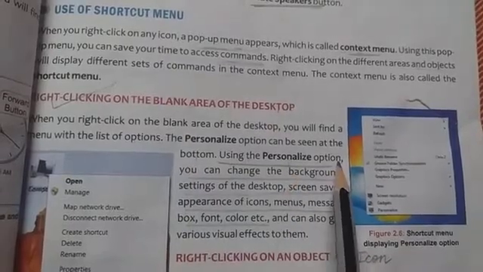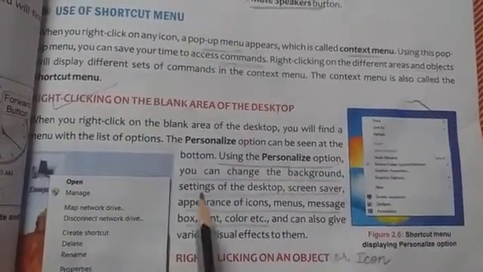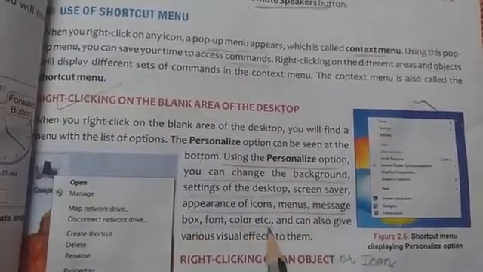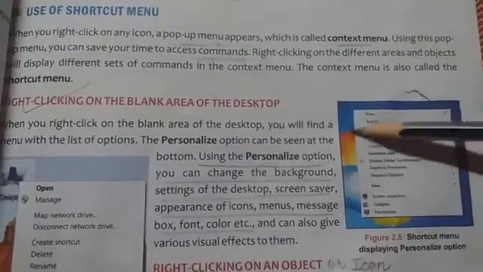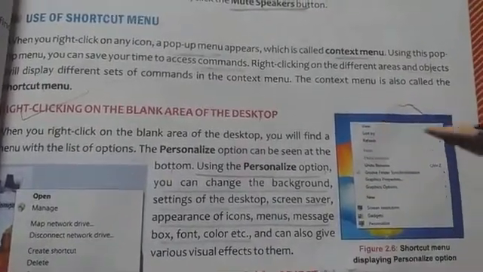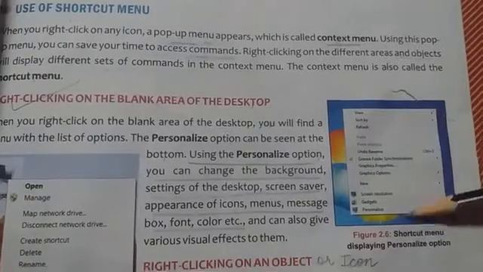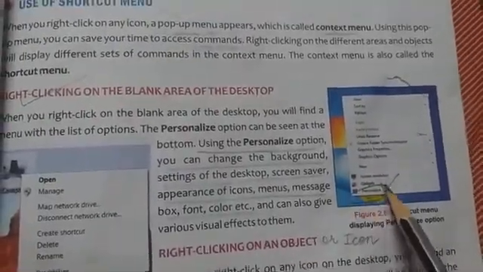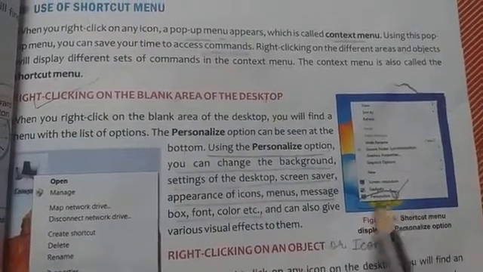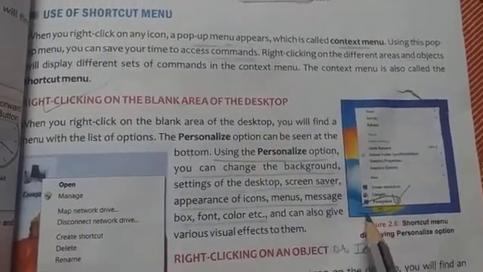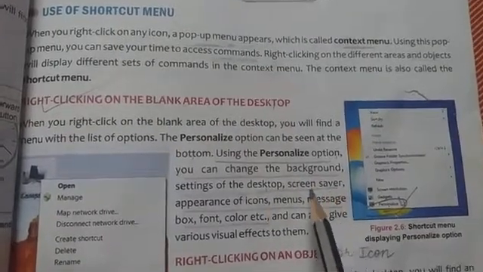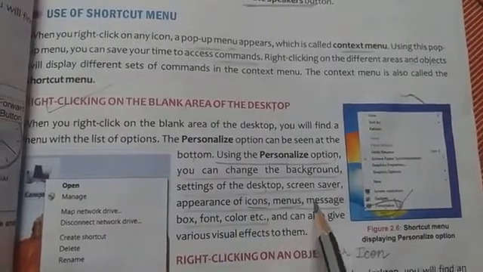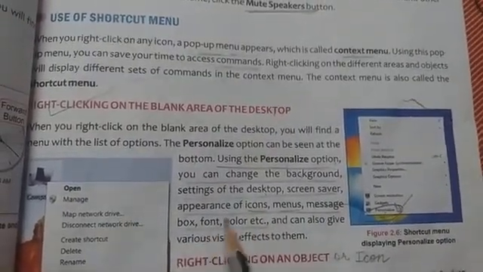Using the personalize option, you can change the background of the desktop, screensaver, appearance of icons, menus, message box and font color, etc. When we right click on the blank area of the desktop, this context menu will open, and at last we have the personalize option.